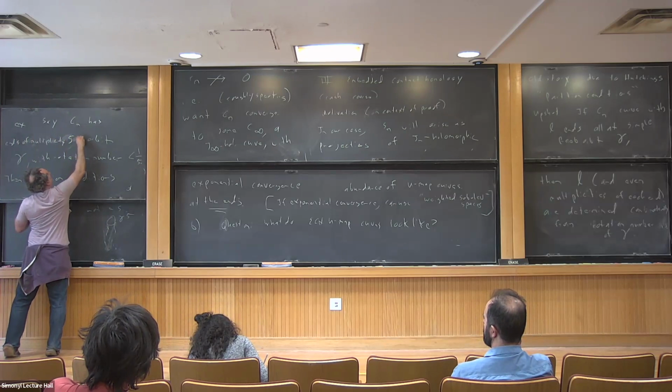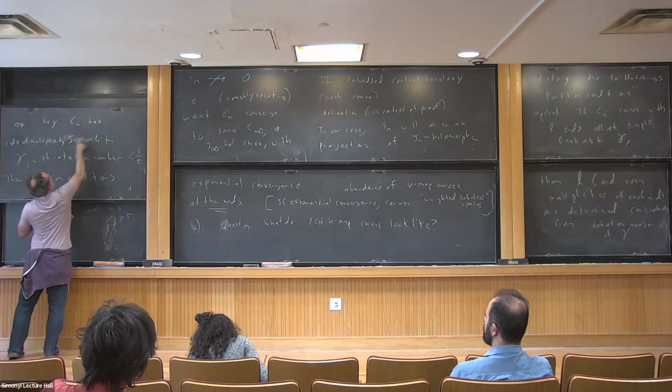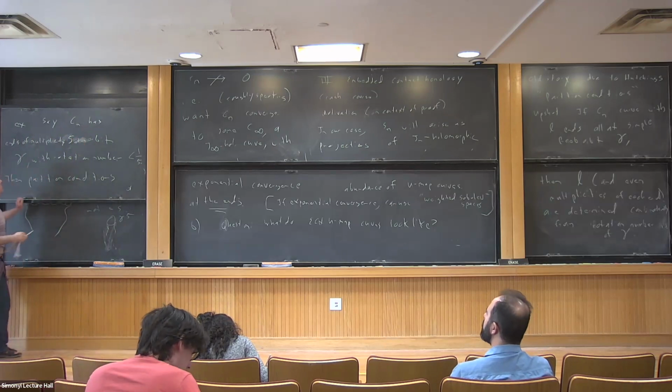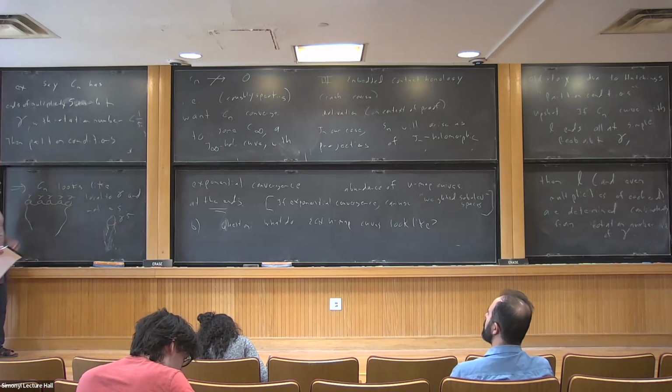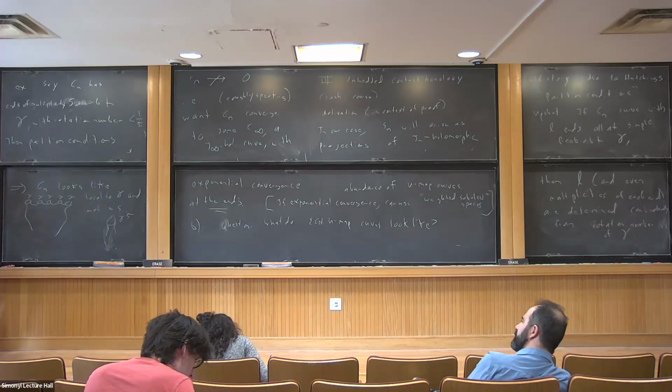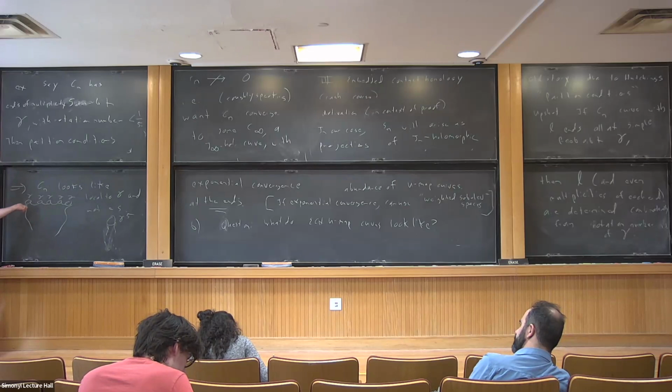I'm saying, say you give me an ECH index 2 curve, and you tell me that Cn has ends of multiplicity 5 at an orbit gamma. So the total multiplicity of all the ends at this orbit is 5.